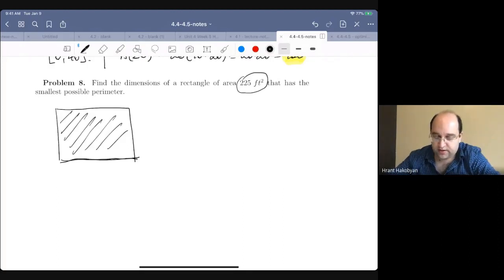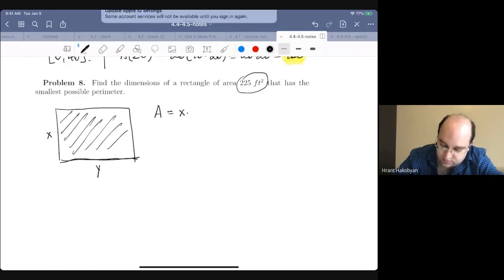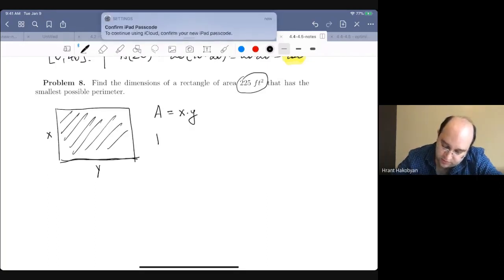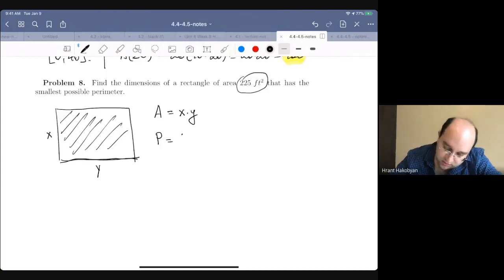So all I have to do is find when I have the smallest possible perimeter. Like in the last problem, if this is x and this is y, then the area is x times y, and the perimeter is x plus y plus x plus y, so it's 2x plus 2y, which is 2 times x plus y.